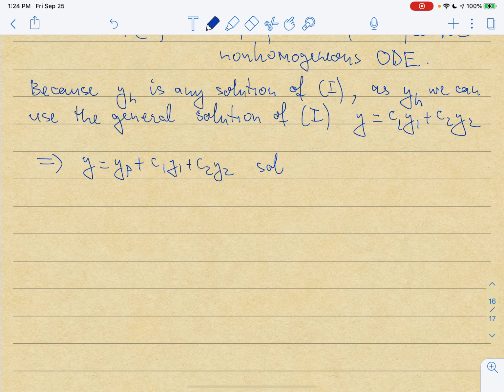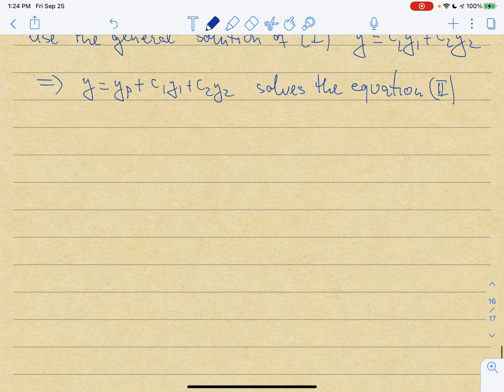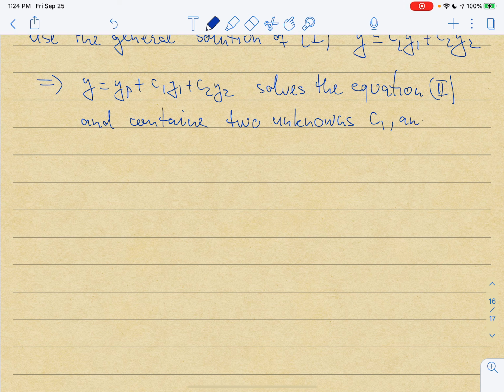This solves the non-homogeneous equation 2, and it contains two unknowns, C1 and C2.